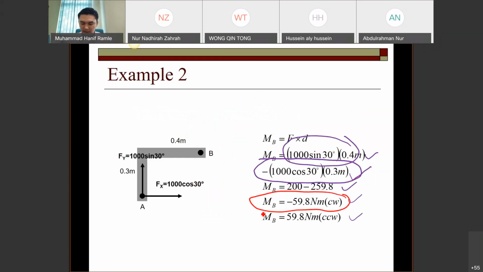In my case, if you already put a negative sign, no need to put CW anymore. I will understand the situation. It just depends. If you want to put both negative and also the CW, it is okay as well.